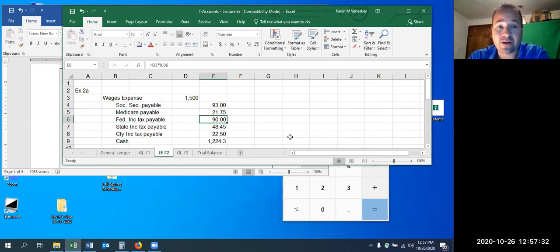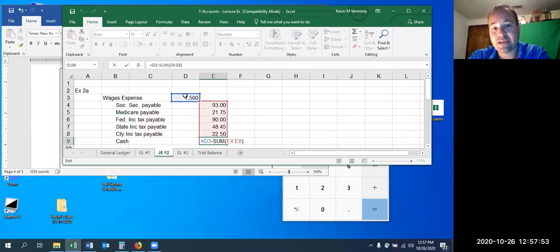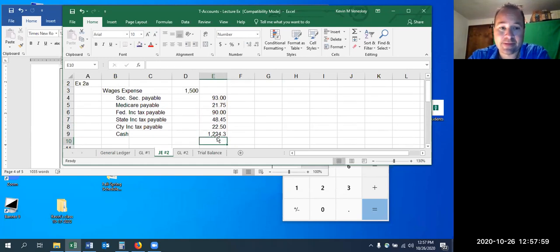I told you what the federal income tax was. It was at 6% of the total wages. State is 3.23. And then I told you the county, we're using 1.5% for this example. To get the cash, all I did is take the 1,500 and then subtract out all of these amounts to get my cash balance.